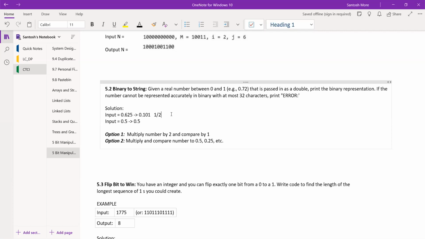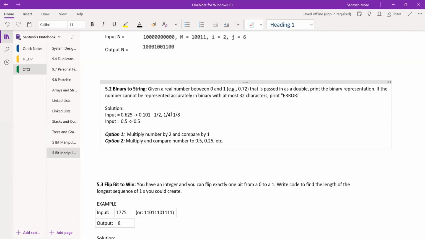If we go to the next bit, it will be 1 divided by 4, so 0.25. And if you go further, it will be 1 divided by 8.